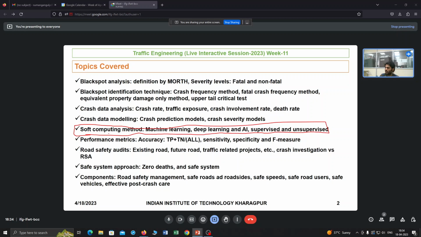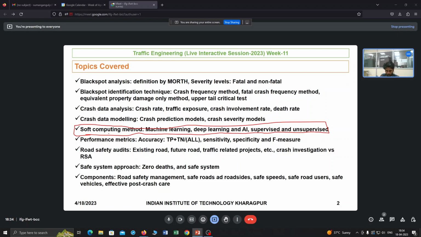So let's continue. The next part is the road safety audit. What we covered is what a black spot is, how you measure a black spot using the data, and if you have the crash data, how to model crashes, such as crash severity and crash frequency. Now you have data and you want to do something, either identifying the black spot or crash data modeling for prediction.